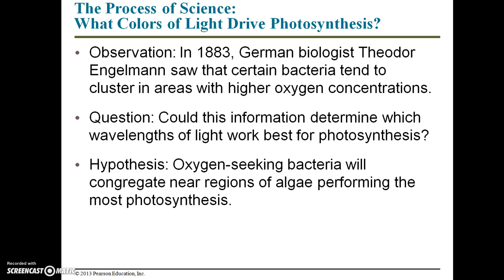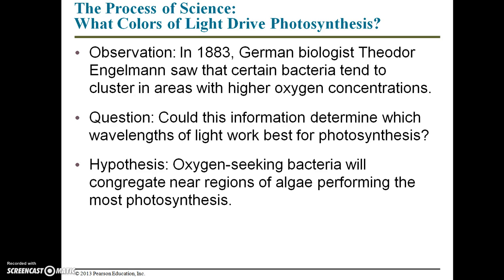So he wondered whether this information could determine which wavelengths of light work best for photosynthesis. Why were those bacteria clustering in areas of high oxygen concentration? His hypothesis was that the bacteria were actually seeking out the oxygen, so they would end up congregating near regions of algae that were performing the most photosynthesis.